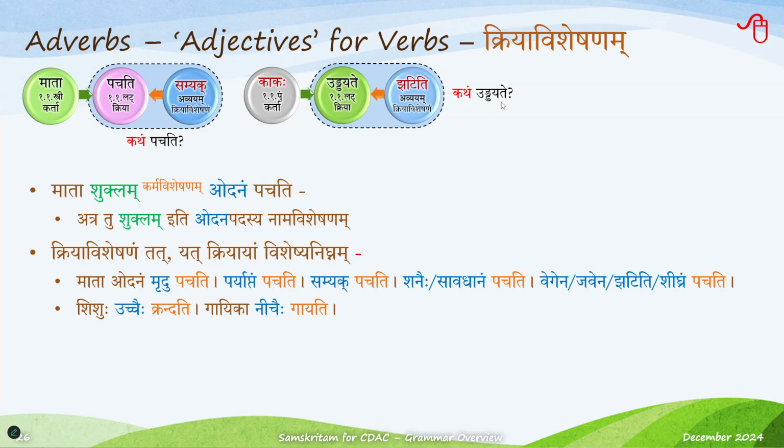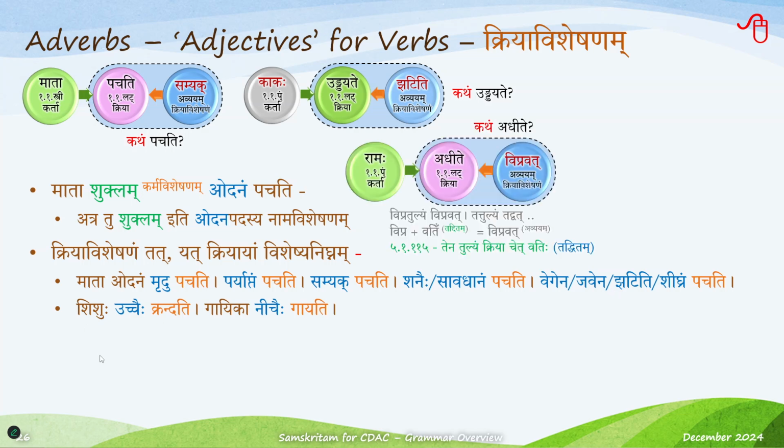Katham uddayate, jhatiti uddayate, vegena uddayate, shigram uddayate, like this. Java shabda is also there for the javena. For example, something like adhite, which means learns. Ramaha adhite, Rama learns something, we don't know what.